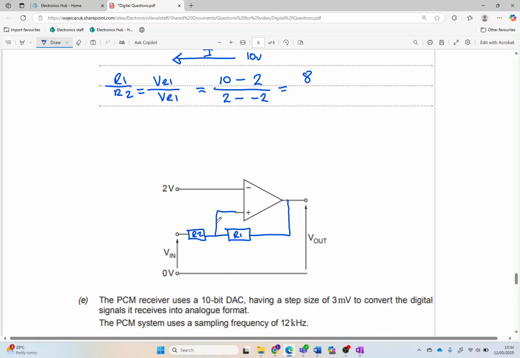So therefore I've got 8 over 4. 8 over 4 is equal to R1 and R2, so I can let R1 equal 8K, R2 equal 4K, or variations on that as you see fit.